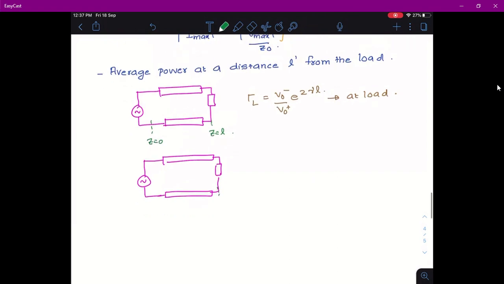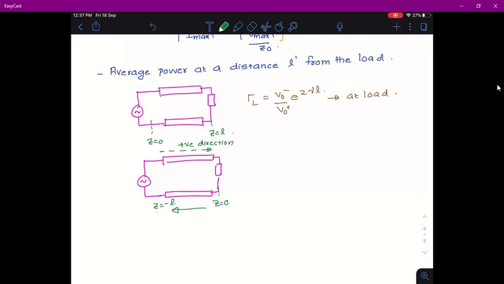So, we can shift the axis in such a way that the load is at z equal to 0, and if you travel backwards, it is z equal to minus L, because the actual direction is the positive direction, and the backward will be the negative direction.